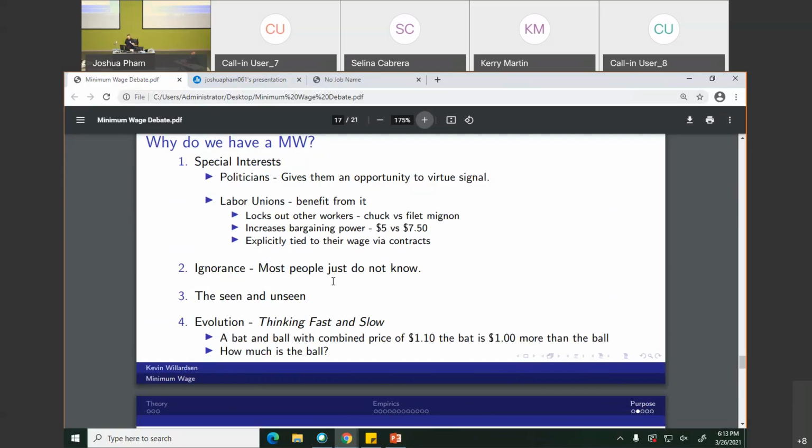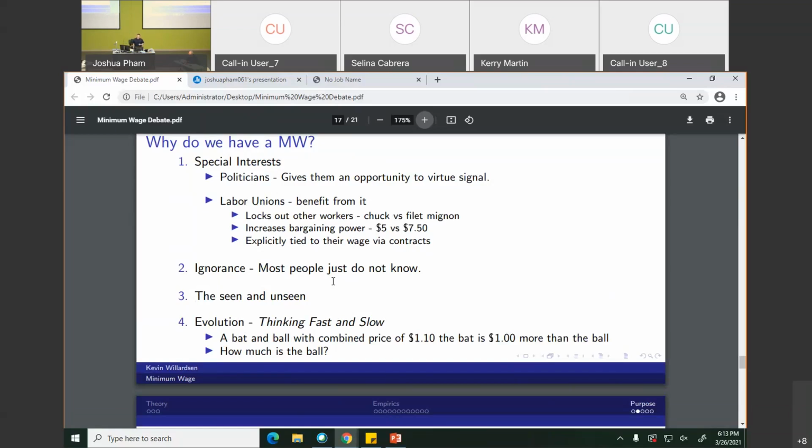If the employer has to pay them $7.50 apiece, that's $22.50. So my ability to negotiate went from $15 to $22.50. This is what I mean when I say the increase in the minimum wage benefits the more productive workers at the expense of the less productive workers.